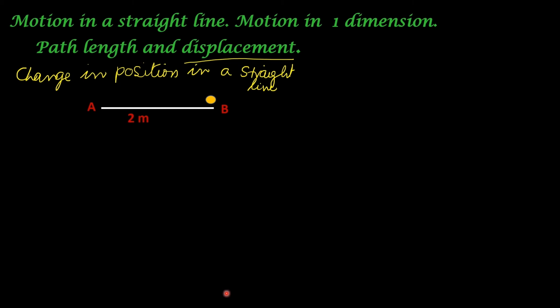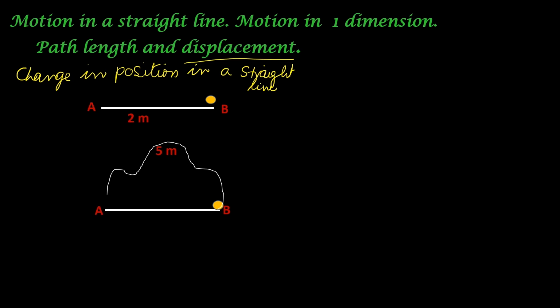But in order to get the concept of path length and displacement correct, we will take one more example. Suppose the object is moving from A to B along another path, a curved path. As you can understand from the diagram, the distance along this path, that is, the actual distance traveled, will be greater than the distance along the straight line.